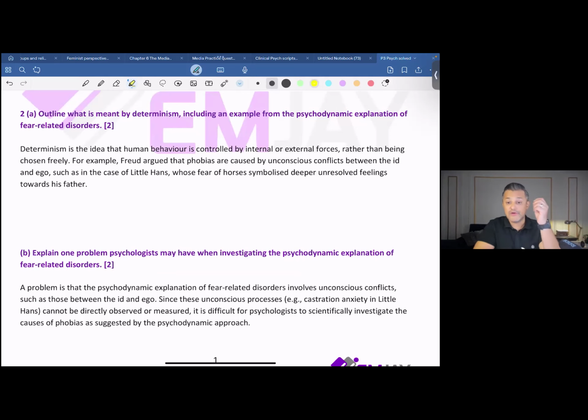Let's move on to the second question now. If you have a look at the second question, outline what is meant by determinism. Now, about the second question, you have issues and debates that are part of your syllabus. A few such as the nature versus nurture debate, individual versus situational explanation, free will versus determinism, reductionism versus holism, idiographic and nomothetic approach.